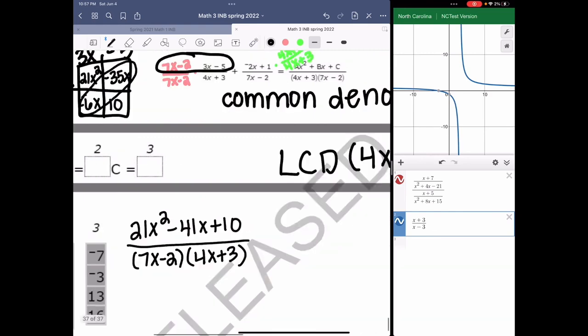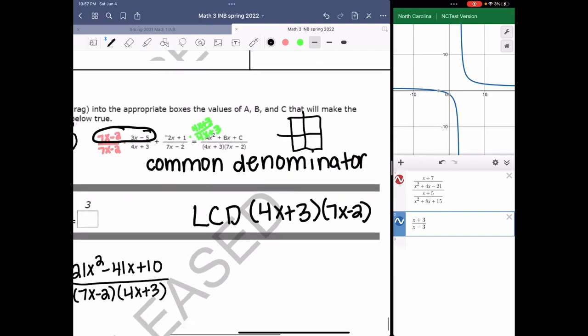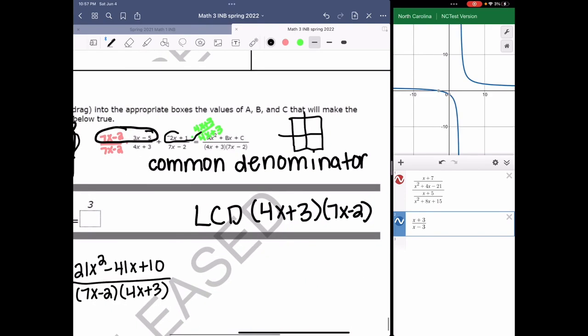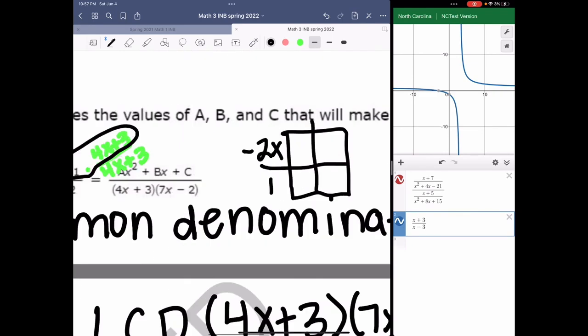That's the first side. Now on the other side, I'm going to do another box because I need to multiply the other top pieces. So I need to multiply negative 2x and 1 by 4x and 3. That's going to give me negative 8x squared, 4x, negative 6x, and positive 3.